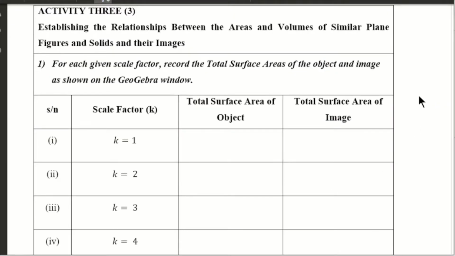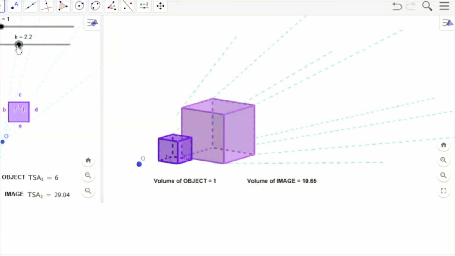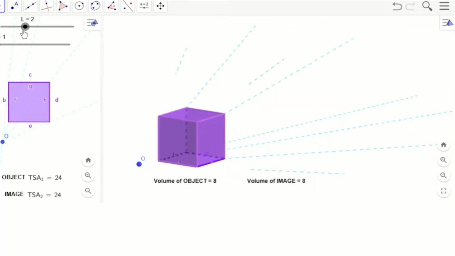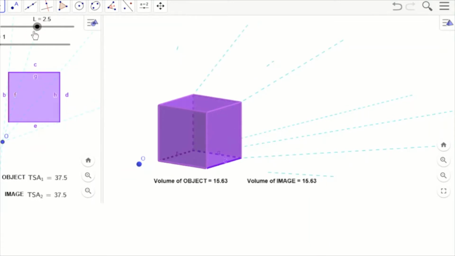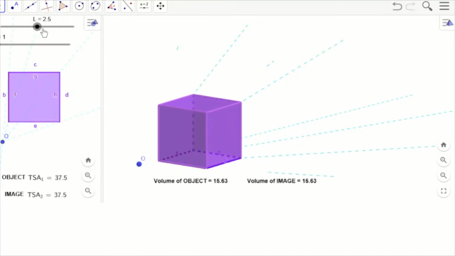So now we are to adjust the sliders, and we have to make sure that the scale factor of enlargement is equal to 1. So let's assume we have a scale factor of 1. And for the length of the object, you will notice that the total surface area remains the same no matter the size of the object.